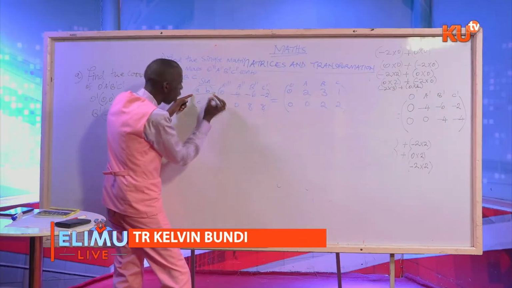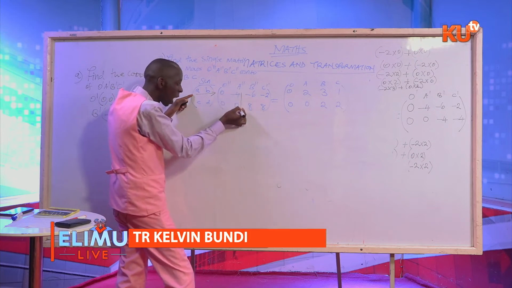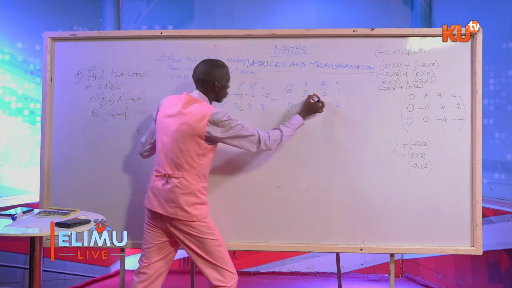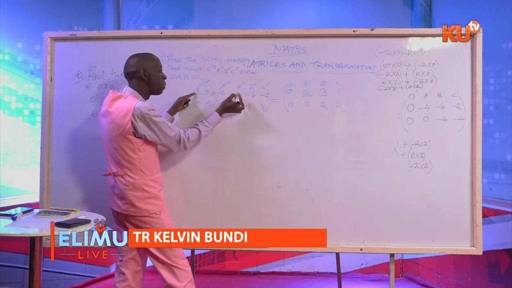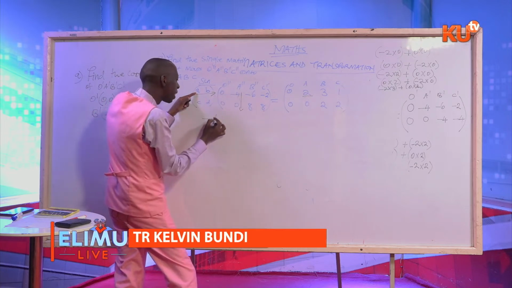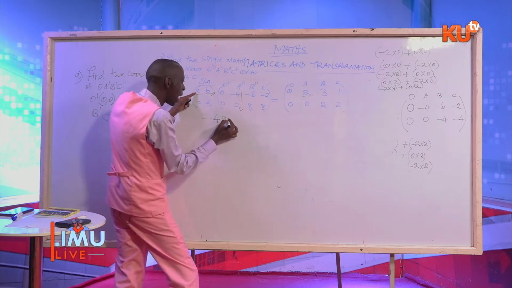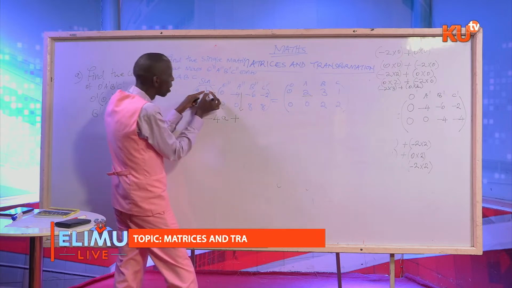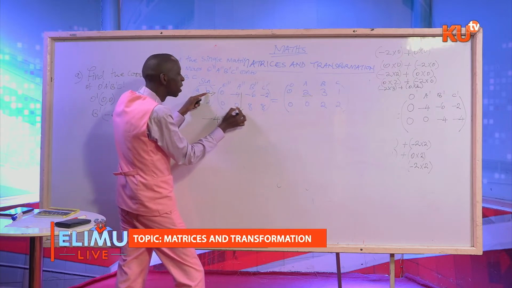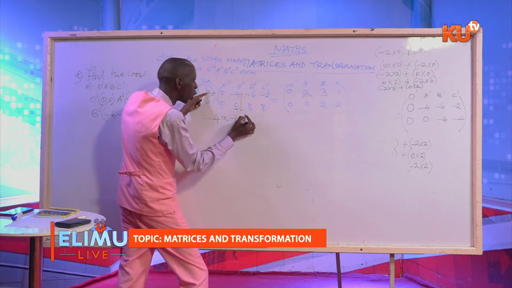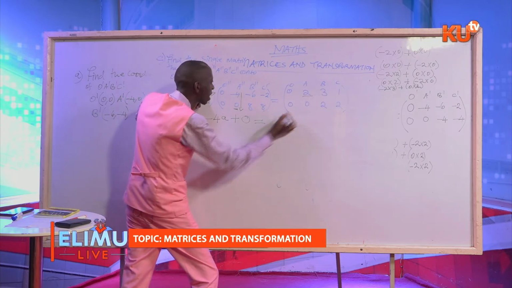First row, second column gave us 2. A times negative 4, which is negative 4A, plus B times 0, which is 0, should give us 2.